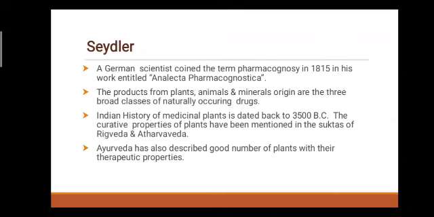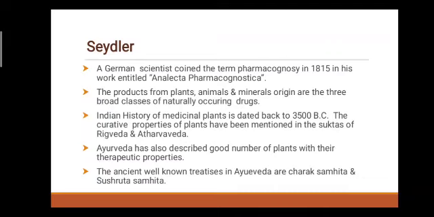Ayurveda has also described a good number of plants with their therapeutic properties. The ancient well-known treatises in Ayurveda are Charak Samhita and Sushruta Samhita.